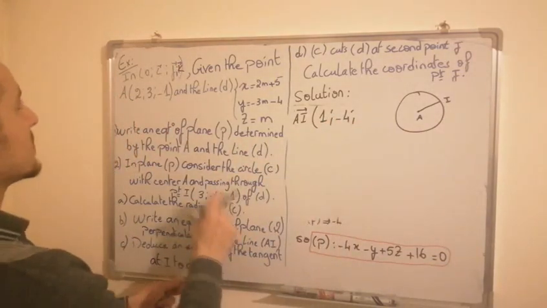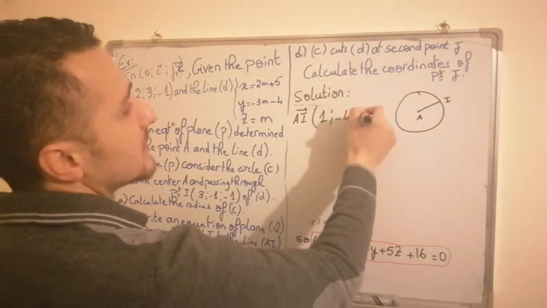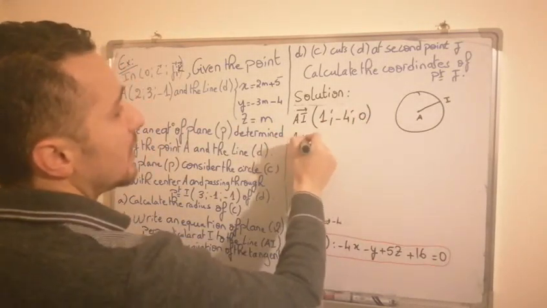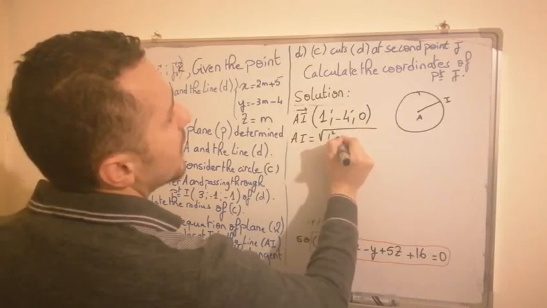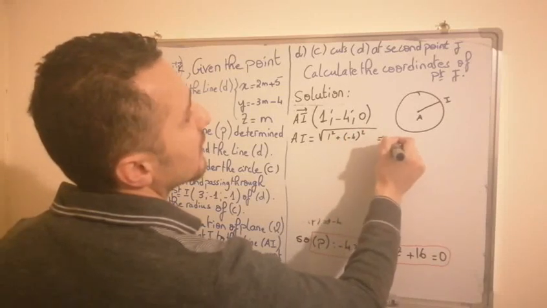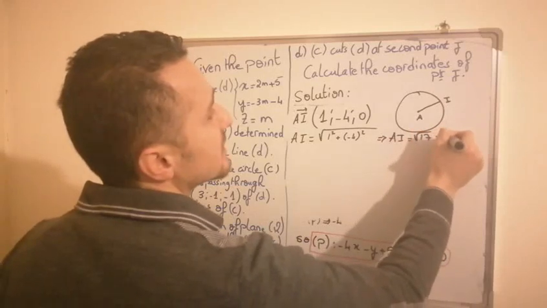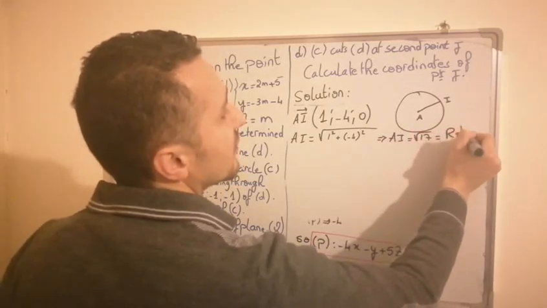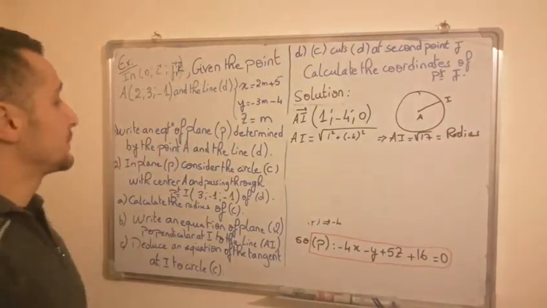And -1 minus -1, so -1 plus 1, it's 0. AI equals radical of 1 squared plus -4 squared, so AI equals radical 17. It's the radius of this circle. Okay?